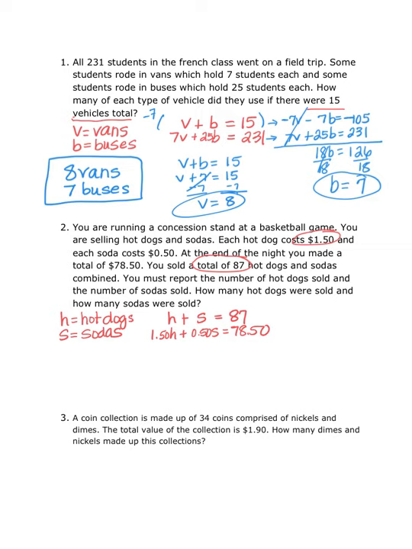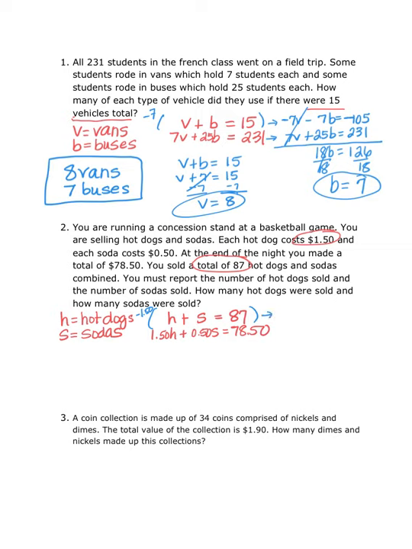So I want to be able to eliminate the H's. So I'm going to multiply my top equation by negative 1.50. And that way it'll cancel out here with my H's.